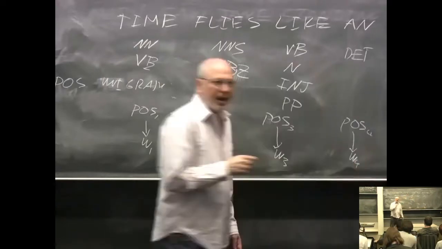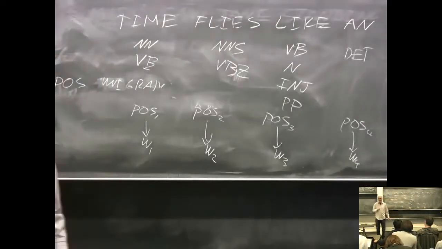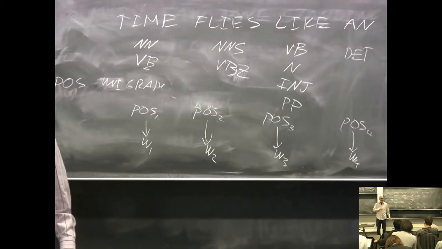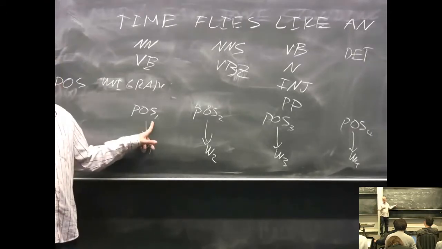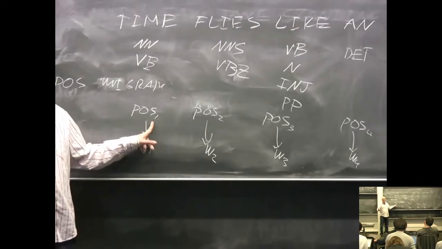If I did that, the model would be very similar to the mixture of Gaussian model, except instead of being a mixture of Gaussians, it's a mixture of multinomials. Because I choose which part of speech with probability lambda, one of the parts of speech, and then given that, instead of drawing a number from a Gaussian, I draw a word from a multinomial.